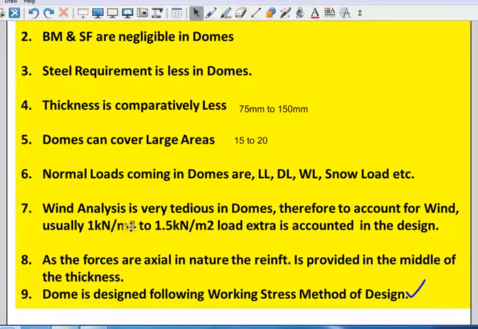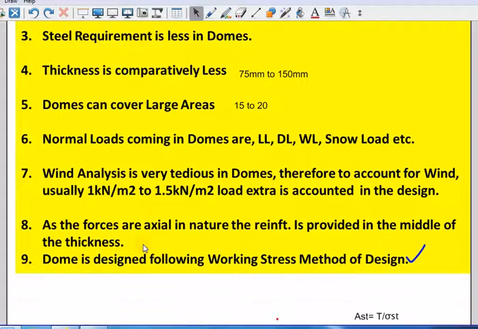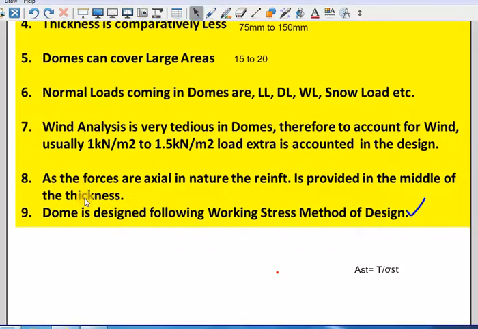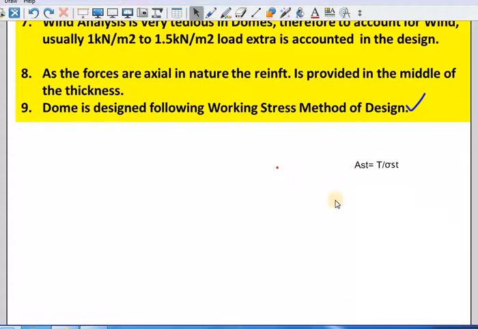We add it additionally in the UD load actually. Because wind analysis is going to be very complicated and complex. As the forces are axial in nature, the reinforcement is provided in the middle of the thickness. Then another thing is dome is designed following the working stress method.